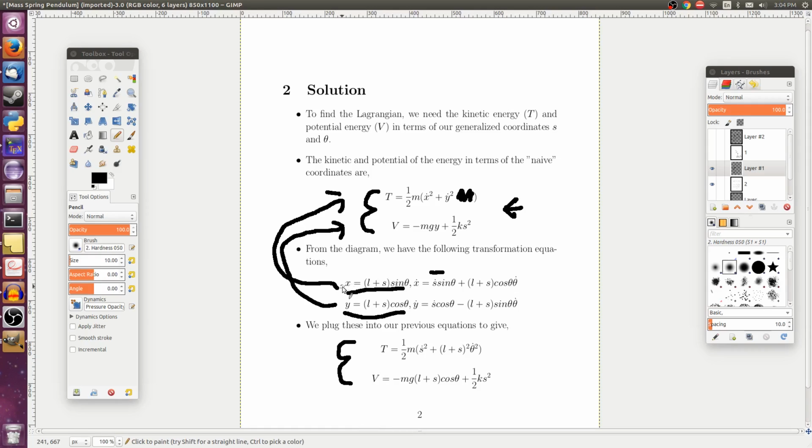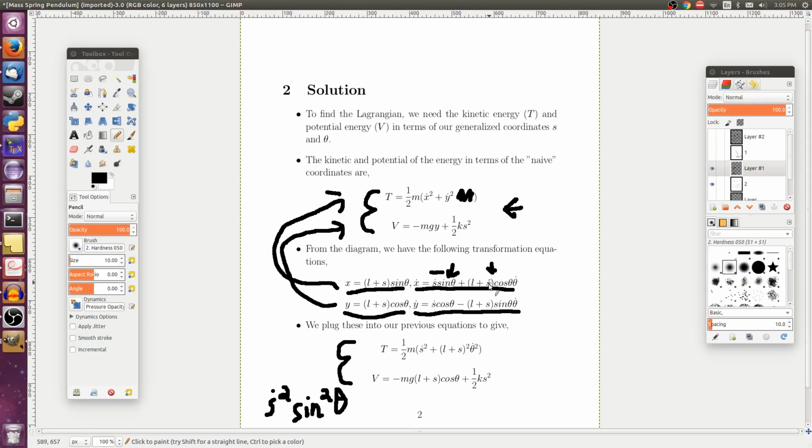So when we plug those x dot, y, and y dot back into our equations, we get that T is equal to 1/2 m (s dot squared plus (L plus s) squared theta dot squared), which, if you look up here, that x dot squared plus the y dot squared, if you look at these terms right here, whenever you square them, you get an s dot squared sine squared theta, and then you'll get a 2 times this plus this, but then here you're going to get a negative 2 minus this times this, so that'll cancel.